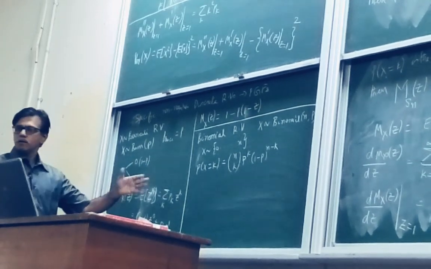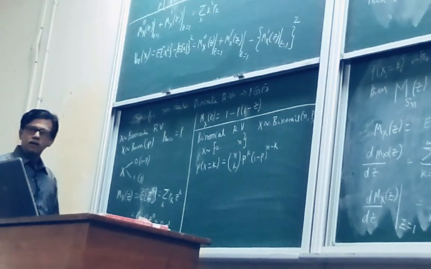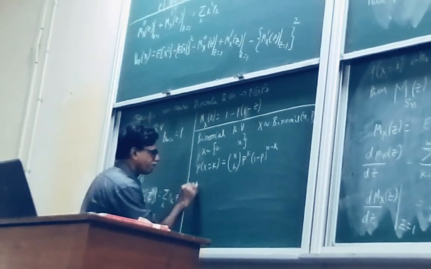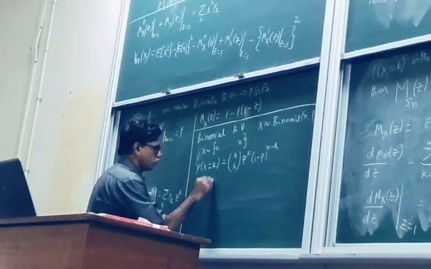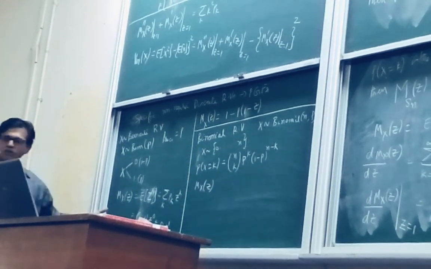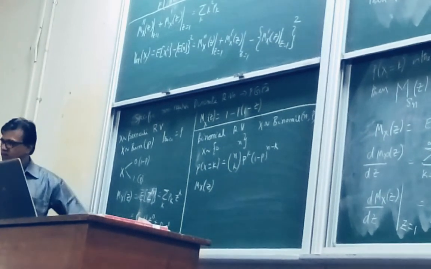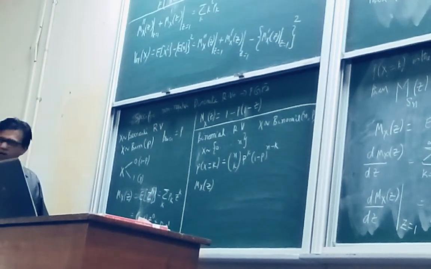Given the PMF, if we find the PGF, it should be trivial for you to do one differentiation, substitute z equal to 1, and get the expectation and all these things.